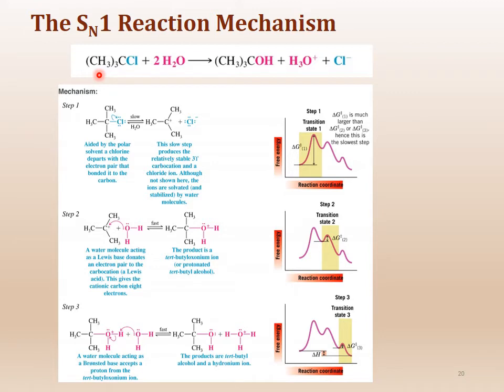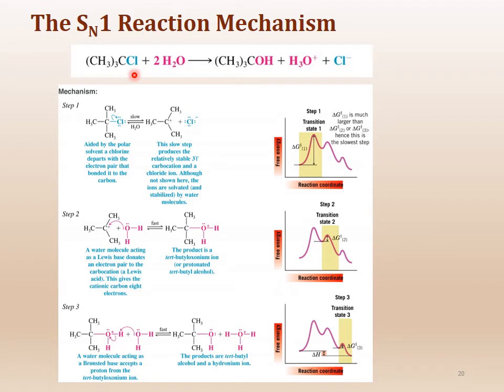Here, if you double the concentration of the substrate, the rate of reaction doubles. If you change the concentration of the nucleophile, nothing happens, which means that our mechanism, our transition state, and the rate determining step are all dependent on the substrate.